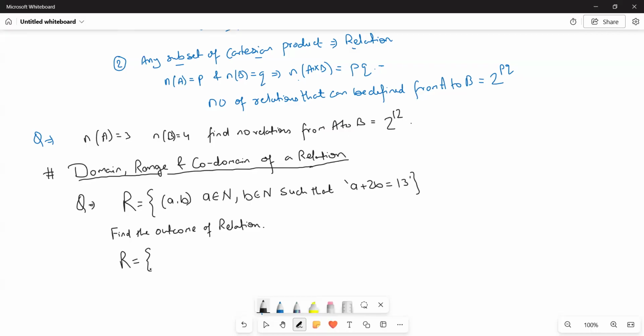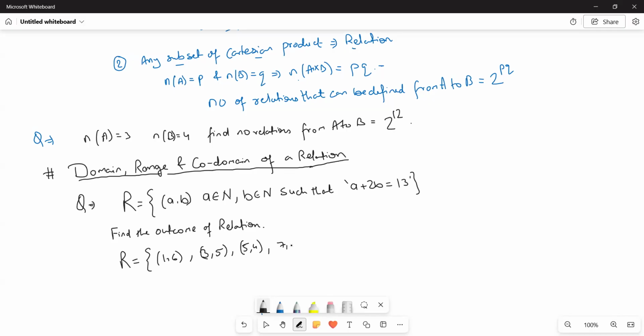So what will be the numbers that we will have in A? If A is 1, B would be 6. So 1 comma 6 will come. If A is 2, B becomes 11 by 2, not a natural number. So 3 comma 5. Then we'll have 5 comma 4.